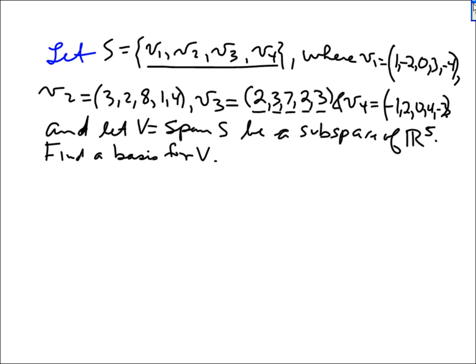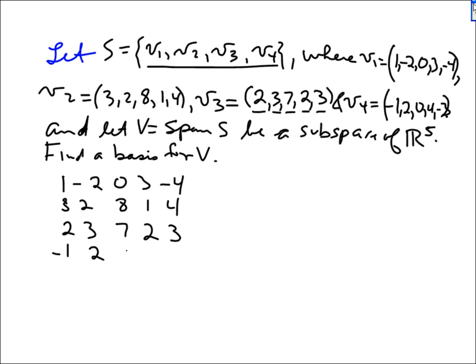If you want to find a basis for V, you write down the vectors of V as rows, vector 1, vector 2, etc., and then you reduce. This first row is vector 1, then v2, v3, and v4.